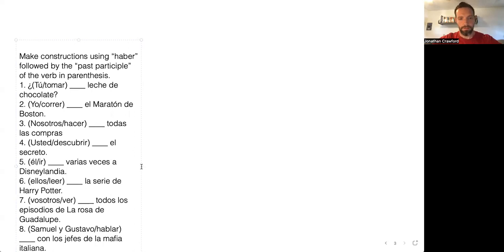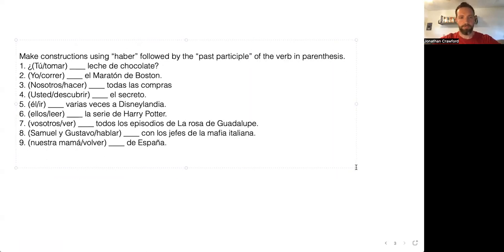Let's do one quick exercise and then we'll be done. We are going to construct past participles. This is called the present perfect in English. In Spanish, it's called el perfecto de indicativo. We make constructions using haber followed by the past participle of the verb in parentheses.